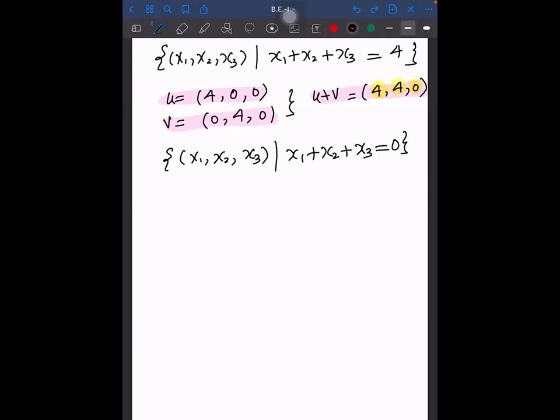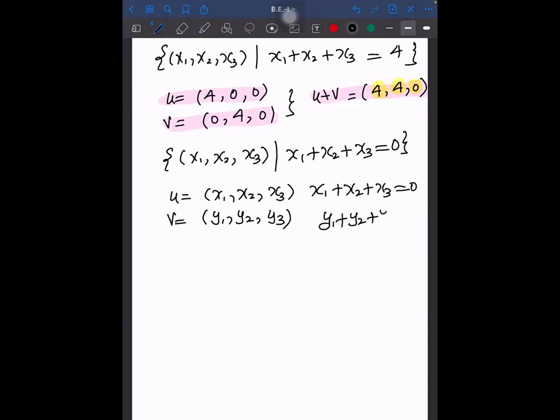Because then you take one element U, which is (x1, x2, x3), and another element V, (y1, y2, y3), with the conditions that x1 plus x2 plus x3 is 0 and y1 plus y2 plus y3 is 0.